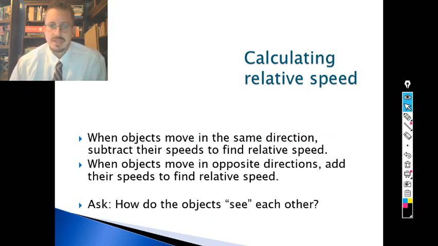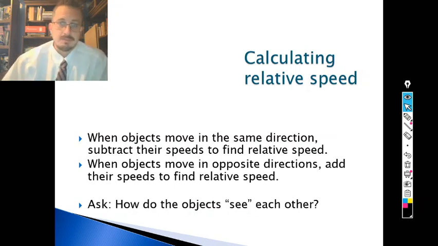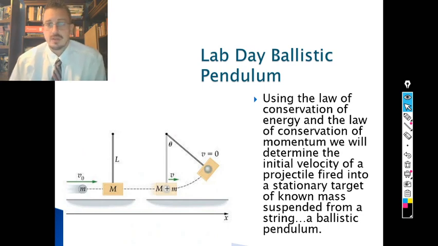Mathematically speaking, if they're going in the same direction, subtract their speeds to find the relative speed. If they're moving in opposite directions, add their speeds to find the relative speed. And for a perfectly elastic collision, the relative speed of approach will equal the relative speed of separation before and after the collision.